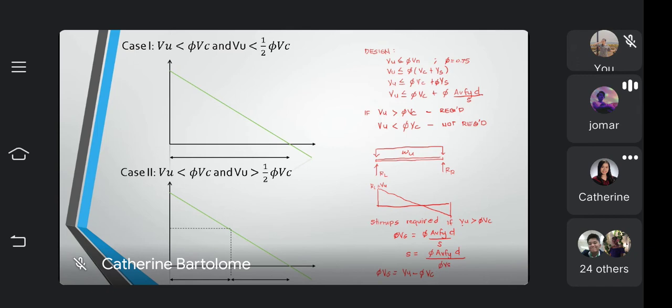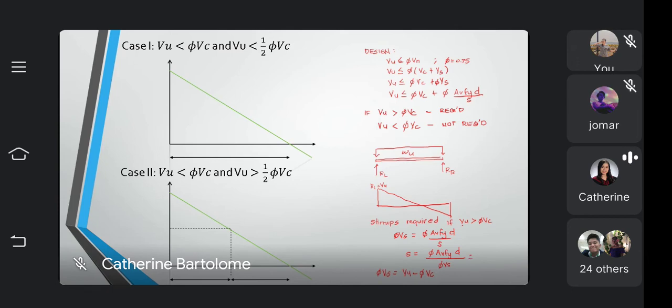Pwede naman i-cancel, kasi same naman yung value niya. Kaya lang, mag-iiba tayo ng value. Diba? VS is equal to VU minus VC.